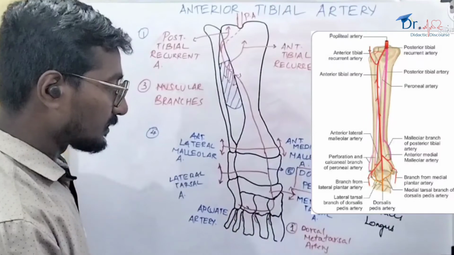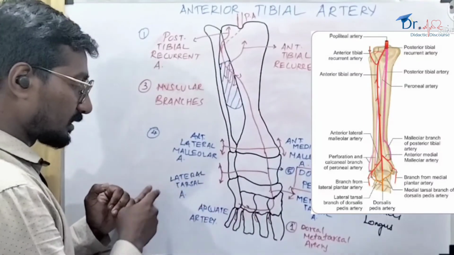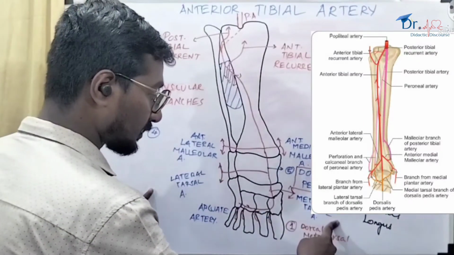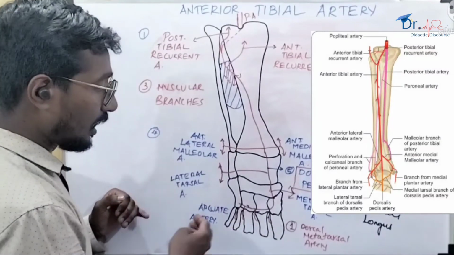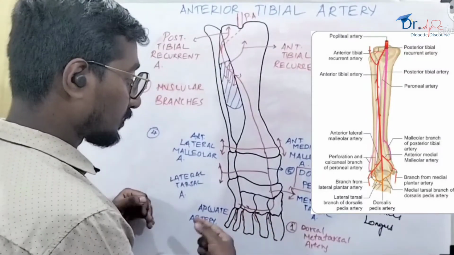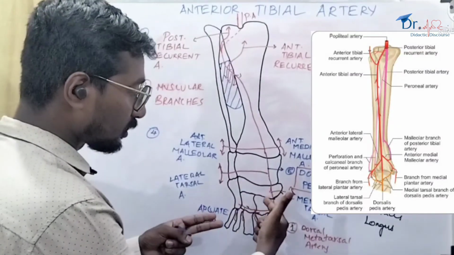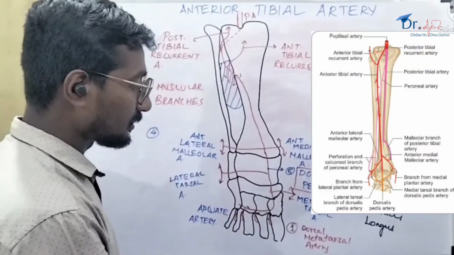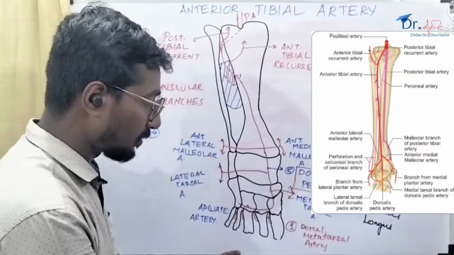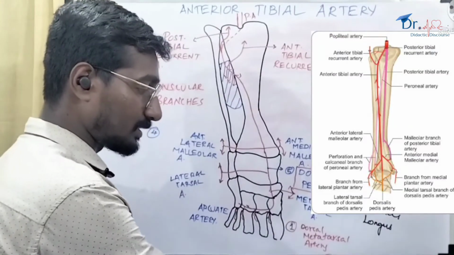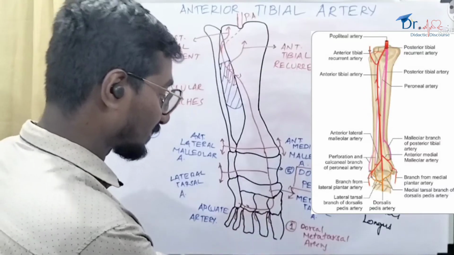The dorsalis pedis artery gives out the lateral tarsal artery, the medial tarsal artery, as well as the arcuate artery. The continuation of the dorsalis pedis artery is two small branches, the deep plantar artery as well as the first dorsal metatarsal artery.